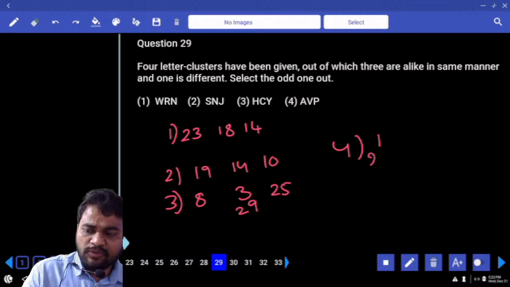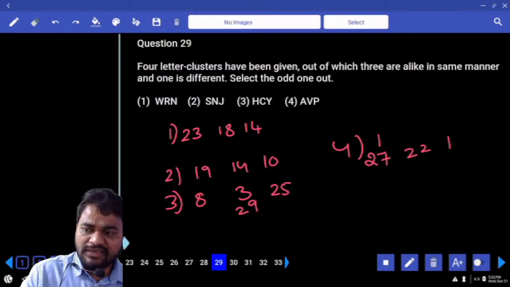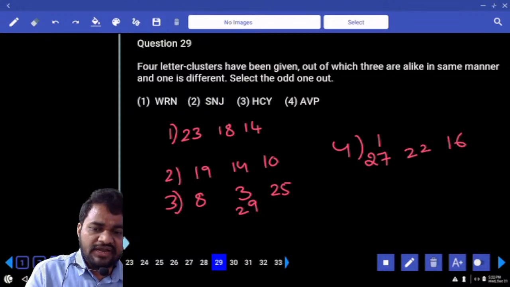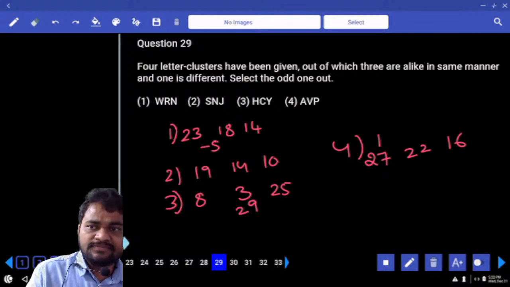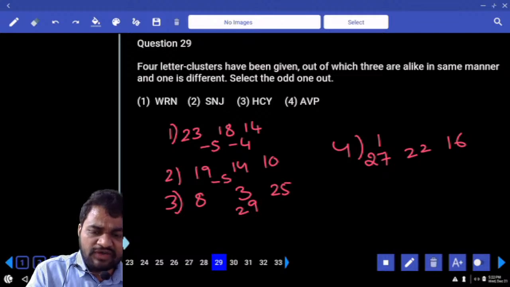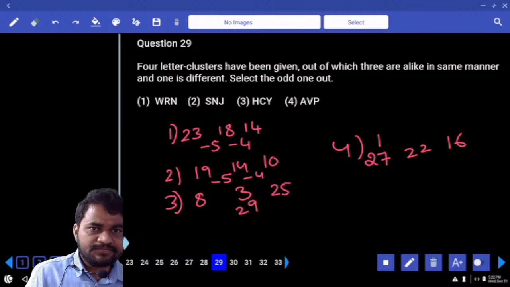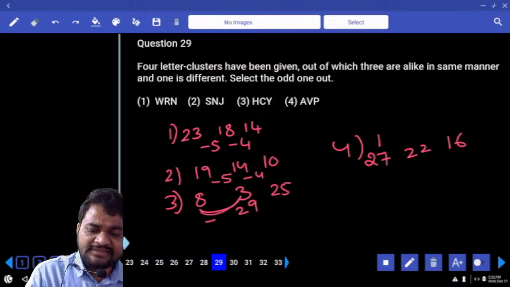or it can also be treated as 27, V is 22, P is 16. If we get the difference, 23 minus 5 is 18, 18 minus 4 is 14. 19 minus 5 is 14, 14 minus 4 is 10. Yes. Next, 8, 3, 8 minus 5 is 3.